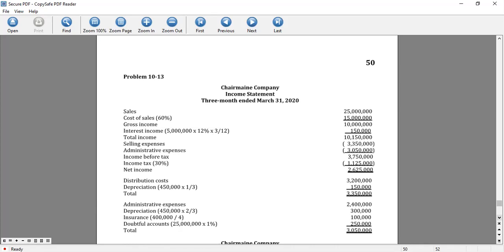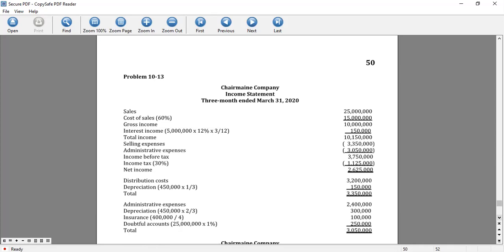We have one account with an amount of 18 million.